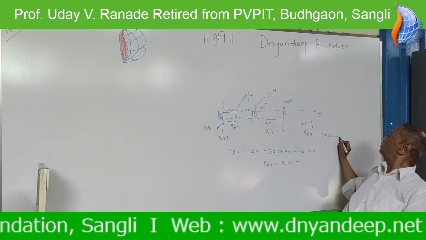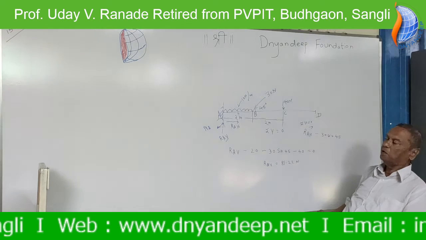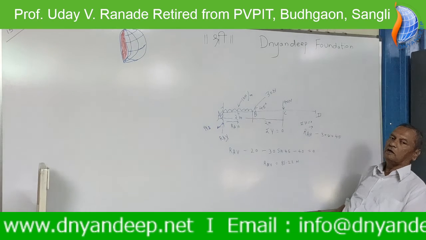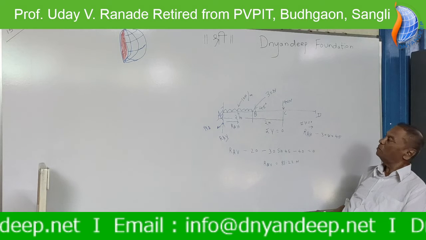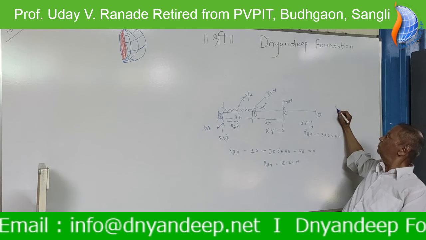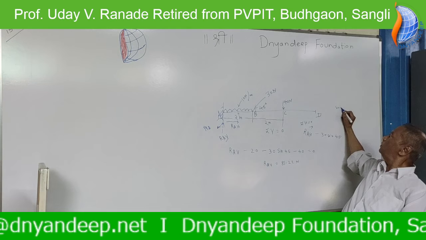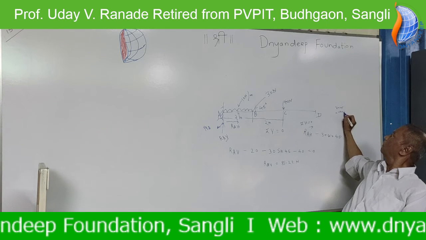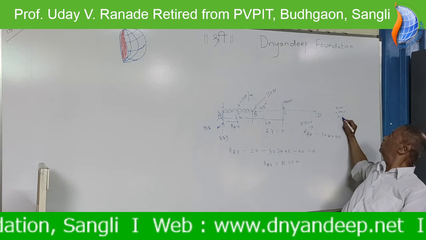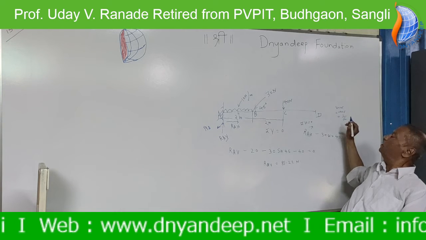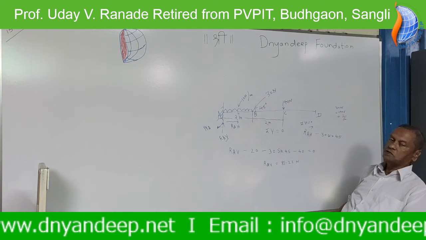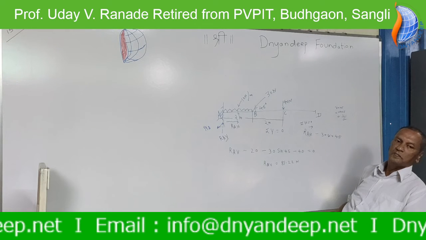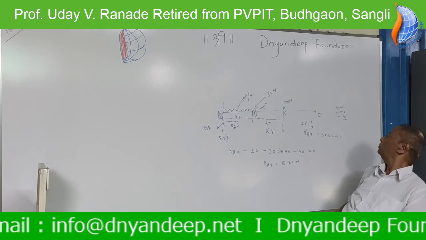Sin 45 or cos 45, it doesn't matter, because sin 45 equals cos 45 equals 1 upon root 2. Only 45 degrees is the angle whose sin and cos components are the same.